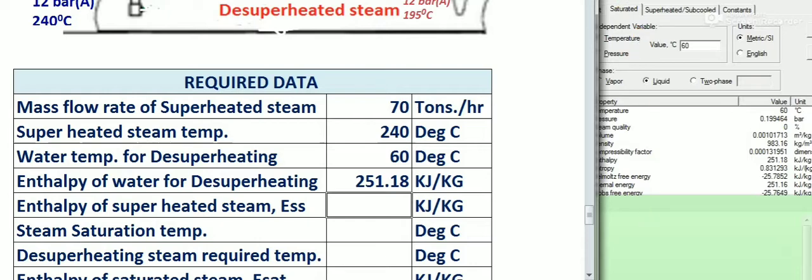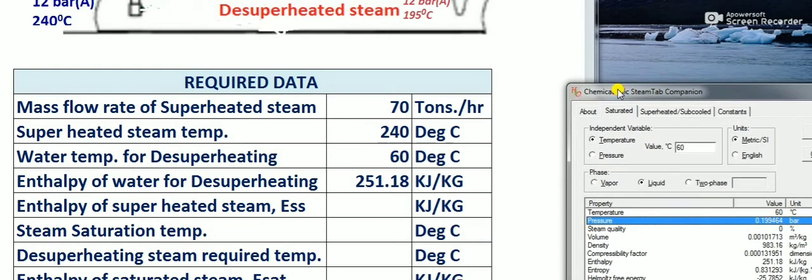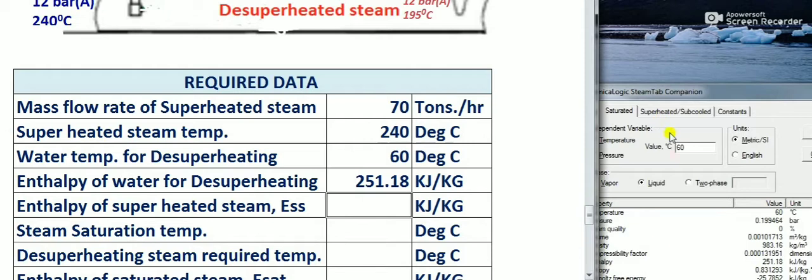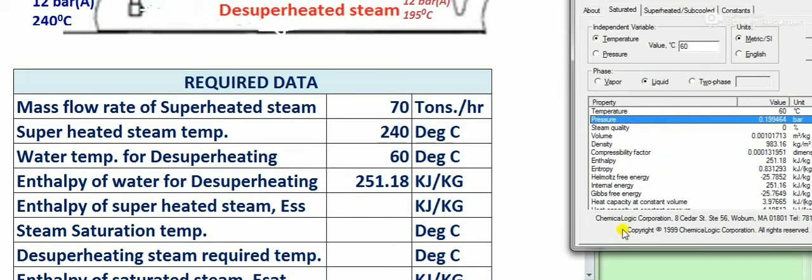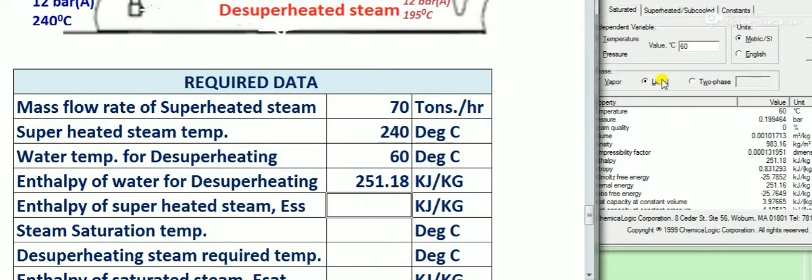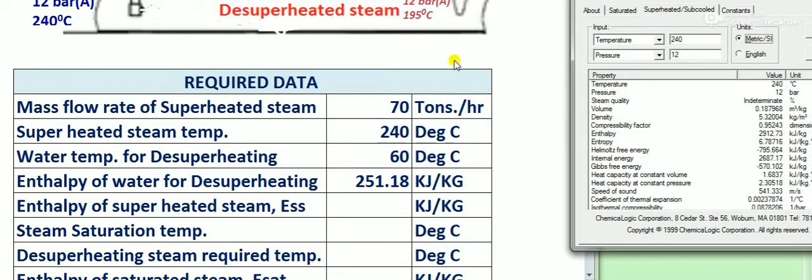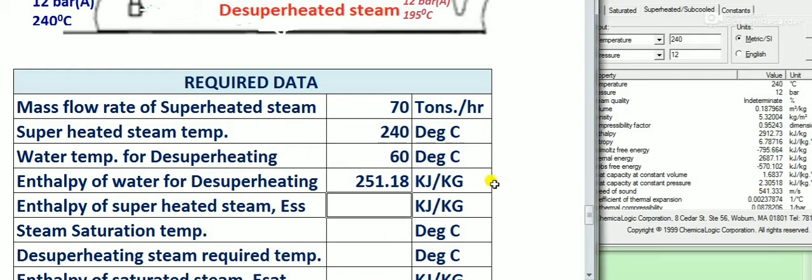And then we want to calculate the enthalpy of superheated steam. The superheated steam temperature is 240 degrees centigrade at 12 bar absolute pressure: 2912.73.